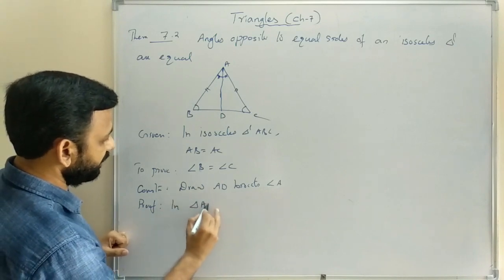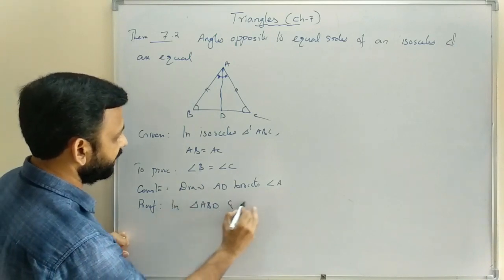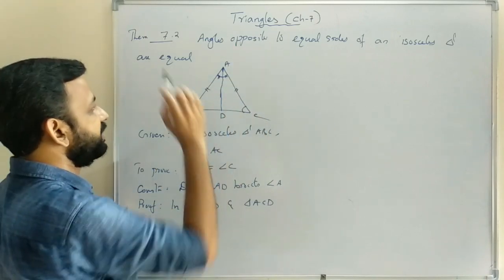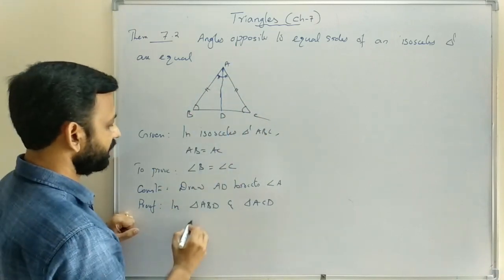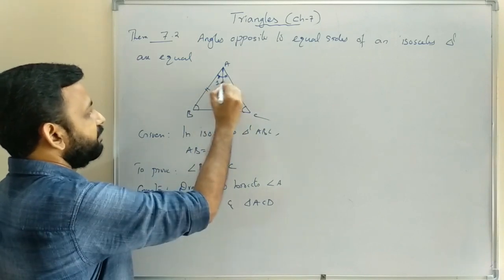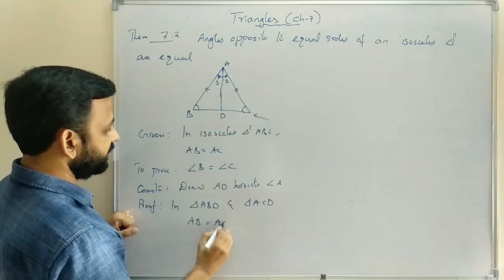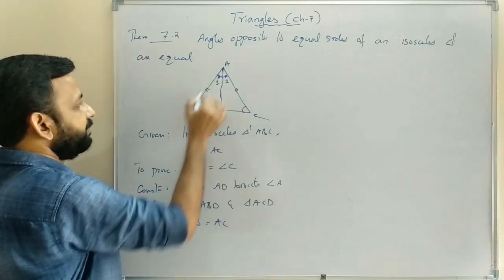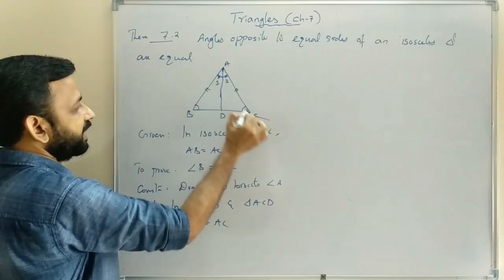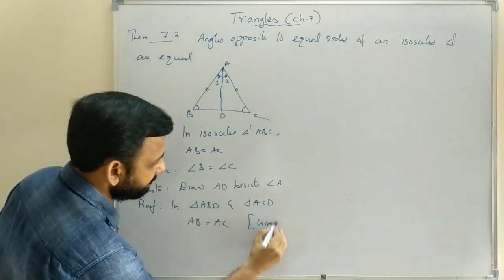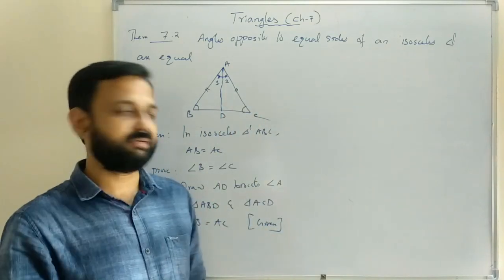In triangle ABD and triangle ACD, we can take the angles as angle 1 and angle 2. Side AB of this triangle equals side AC of the other triangle. Reason: that is given.